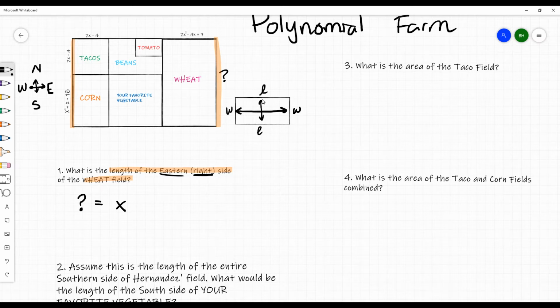We're going to get x squared plus x minus 18 as the portion of the corn. I'm going to write over here corn, one of the side lengths, and then we're going to get plus the length for the tacos, 2x minus 4.